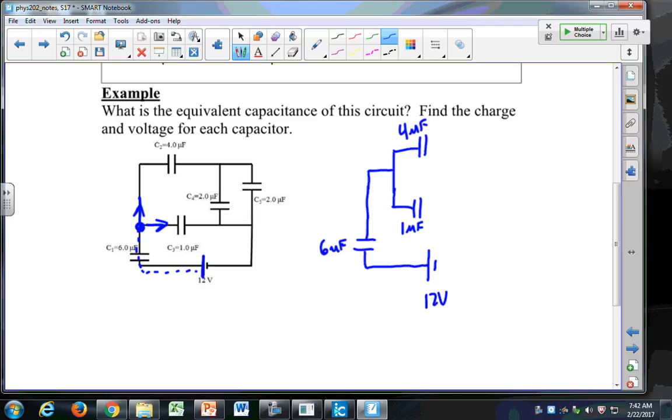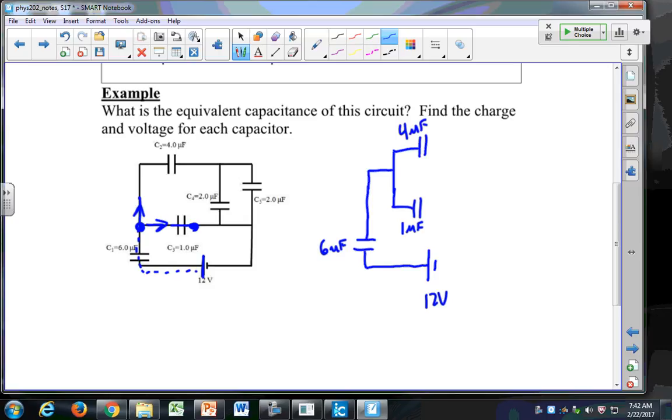Now, once I get past C3, I have a clear path back to the battery. And you might say, well, what about these junctions? Well, I'm not really concerned with those, because from here, I can go straight back to the battery. And honestly, my electrons just want to get back to the battery. So they'll go straight through here. Let's leave that for a moment.